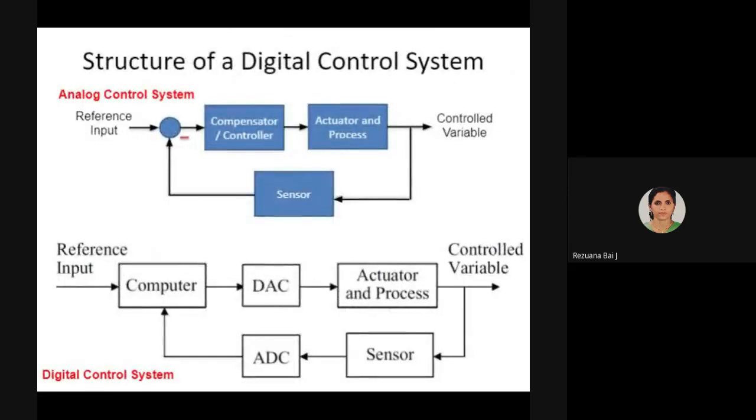Then I am giving the structure of digital control. Here I have given analog control, which we have already discussed in the classroom. The added things in the digital controller are the ADC and DAC.